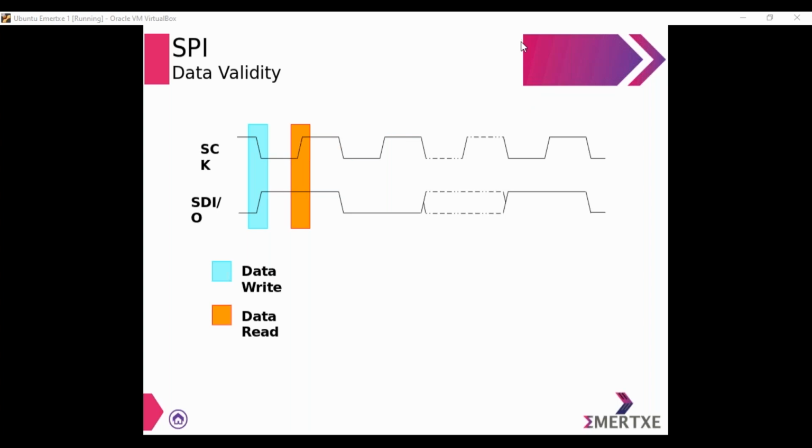Once the clock pulse is generated, any communication protocol can either be edge triggered or level triggered. Edge triggered means either the transmission or reception happens at the edges of the clock pulse, either at the rising edge or the falling edge. Else, some communication protocols transmit or receive with respect to the levels of the clock pulse. Some may transmit at the high level, and some may receive at the low level.